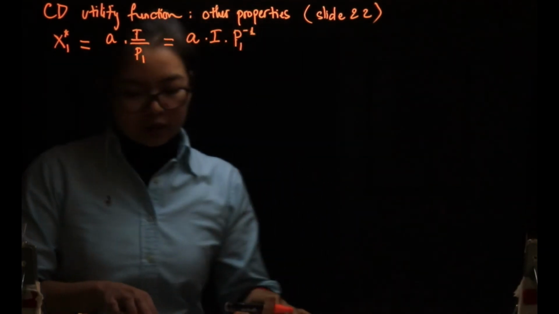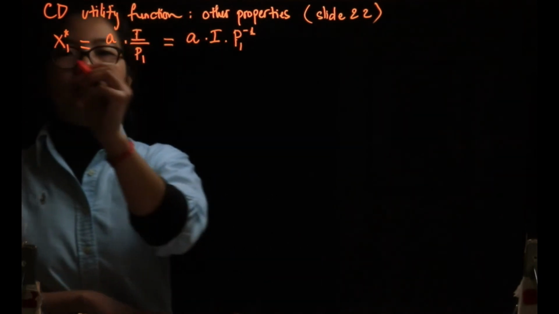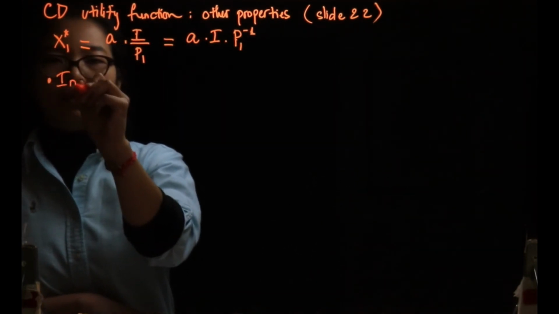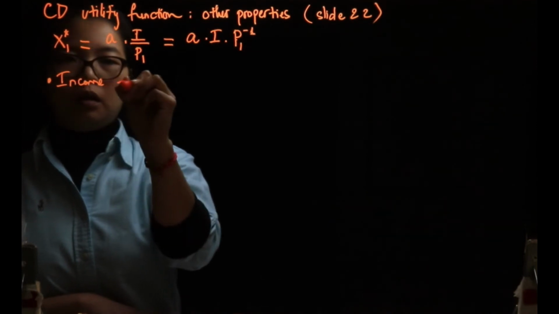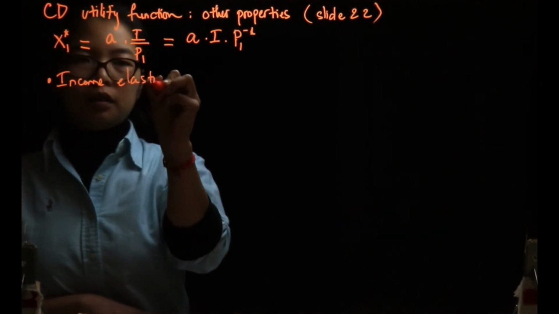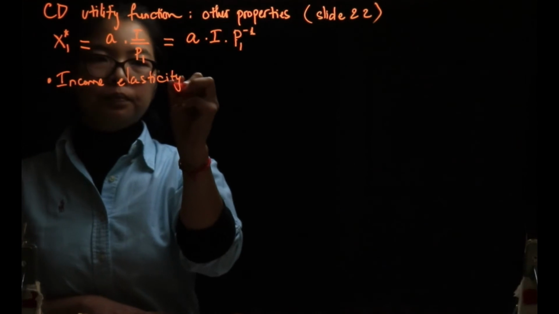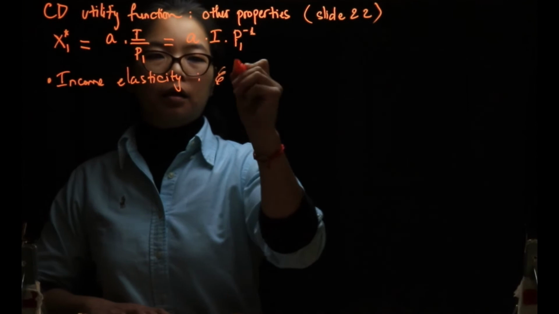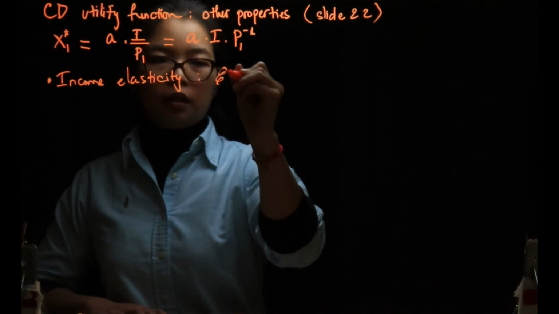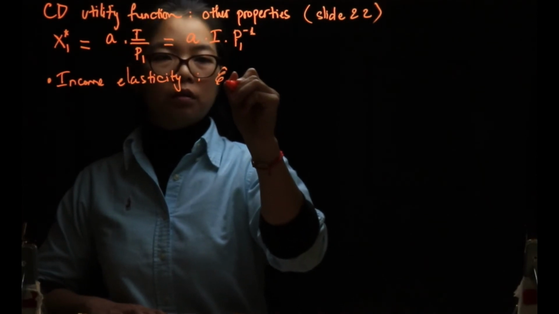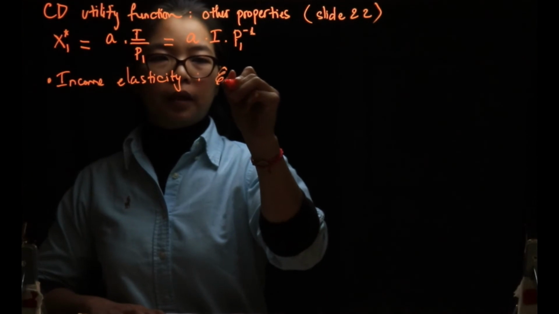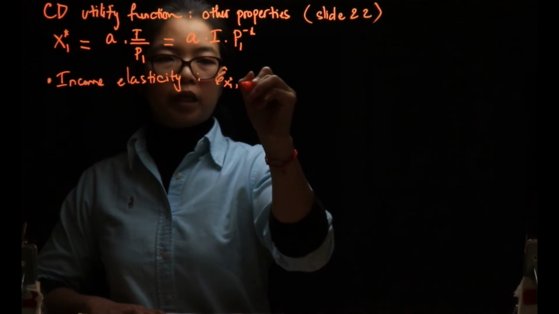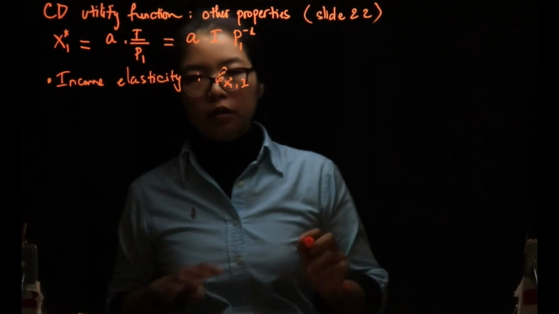The first thing is income elasticity, denoted as epsilon x1 with respect to I.